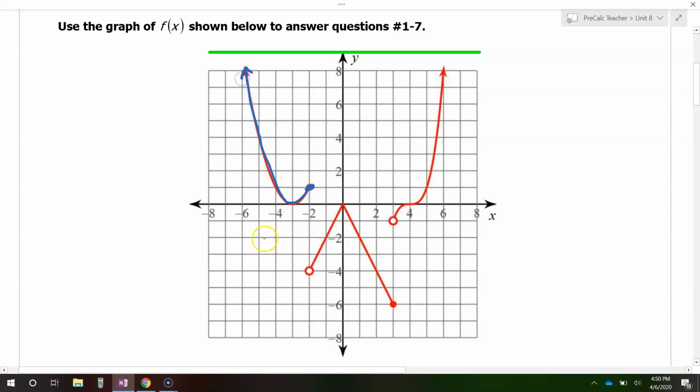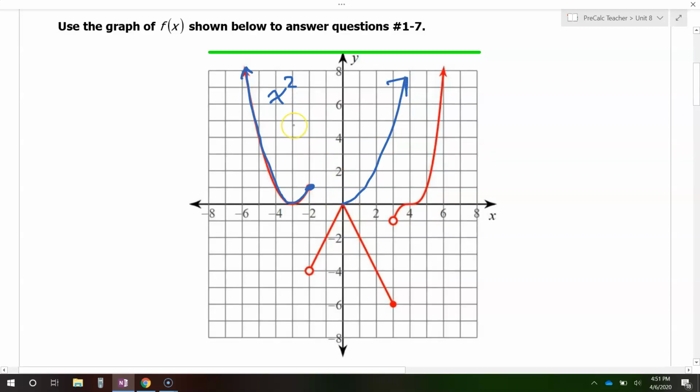Notice that the parent function here is x squared. Hopefully at a glance you can see that this is a portion of a parabola. Now, that's the parent function. X squared itself would be over here somewhere at the origin.